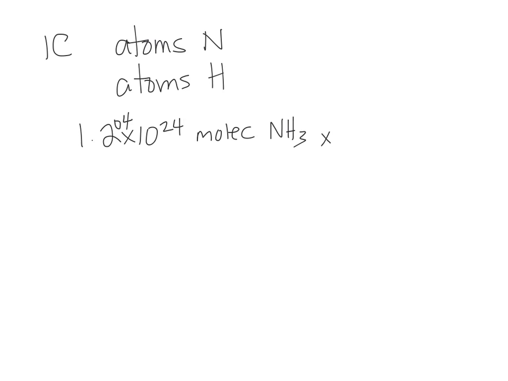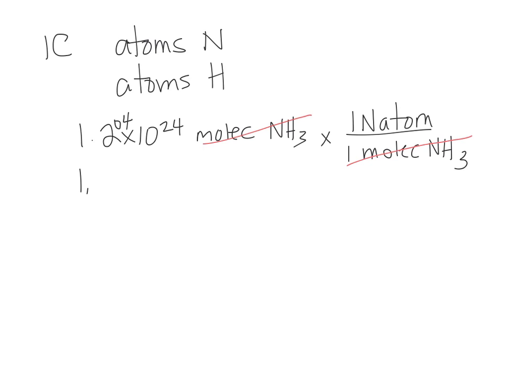So if I multiply this by the ratio of one nitrogen atom for one molecule of ammonia, because molecules of ammonia are on the top in the first value and on the bottom in the second value, they cancel. So I have 1.204 times 10 to the 24 nitrogen atoms, which rounds to 1.2.